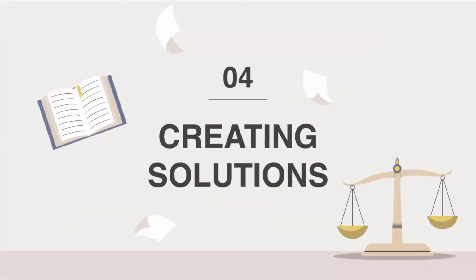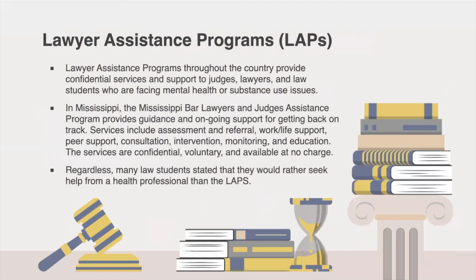And then finally, creating solutions. So one of the primary solutions that has been proposed are lawyer assistance programs, or LAPs. Lawyer assistance programs throughout the country provide confidential services and support to judges, lawyers, and law students who are facing mental health or substance use issues.